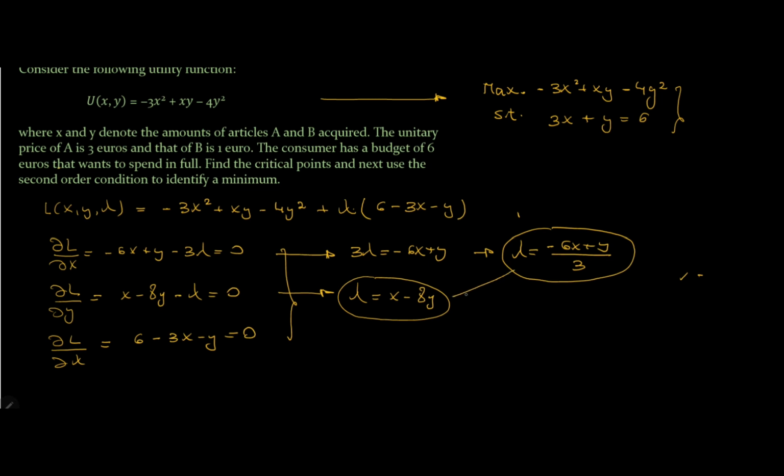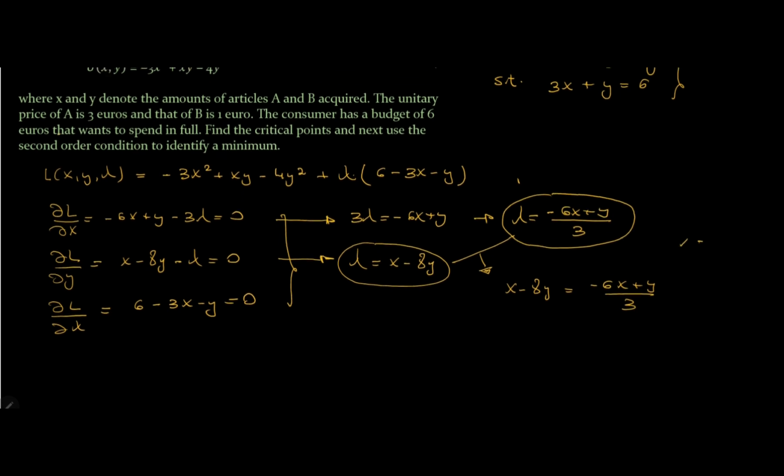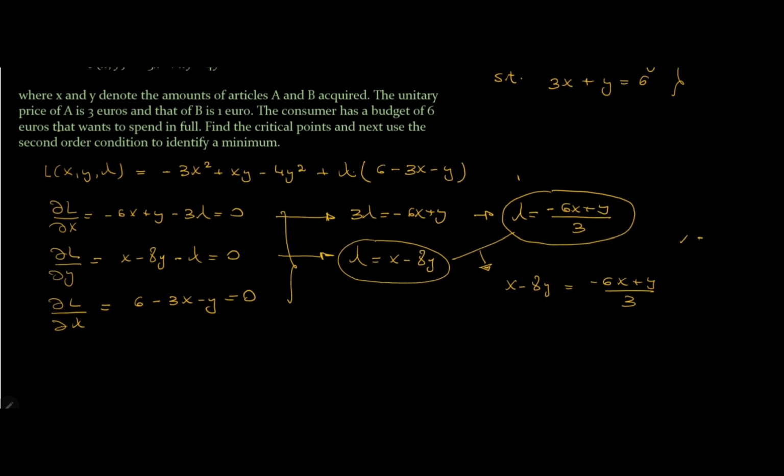And if we put together these two expressions for the same variable lambda, then we get an equation only on x and y. If I do all the calculations here, then I get 9x equals 25y.